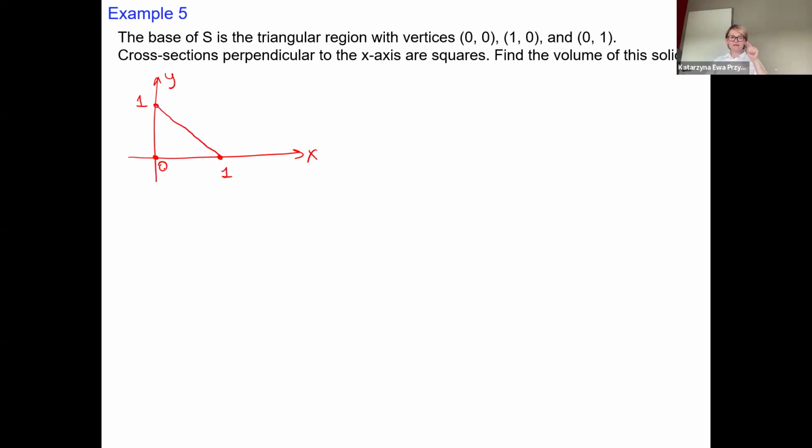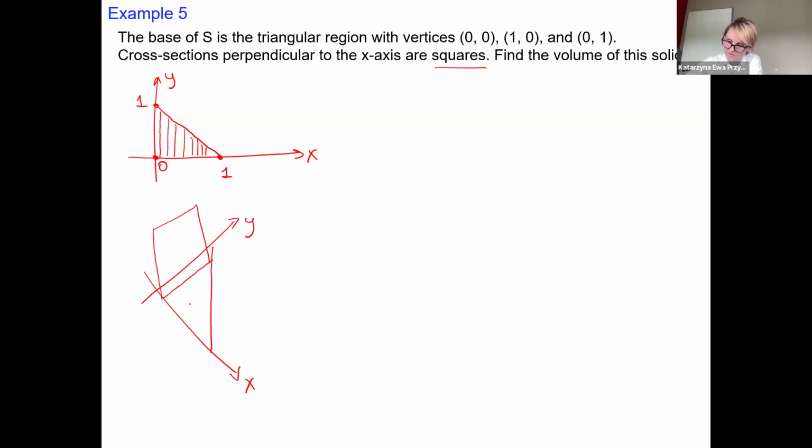On that base, we have to build squares perpendicular to it. Let's say X, let's say Y, let's draw the triangle, and then I can build the square.